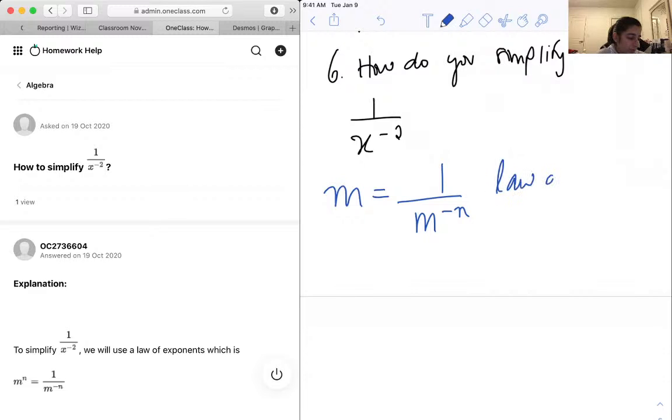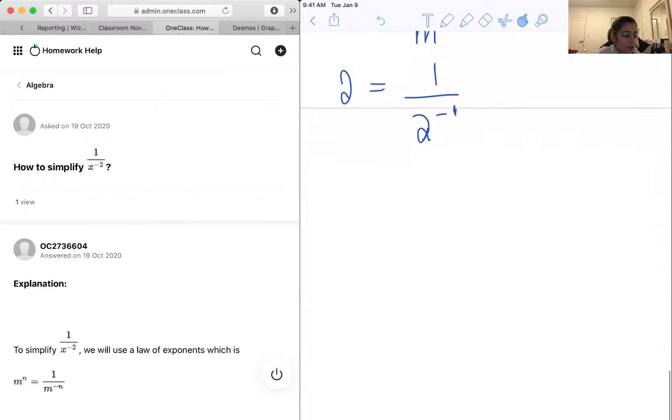Law of exponents is that. So for example, if you have a 2 here, that would be 1 over 2 to the negative 1. Over here, our question is 1 over x to the power of negative 2.